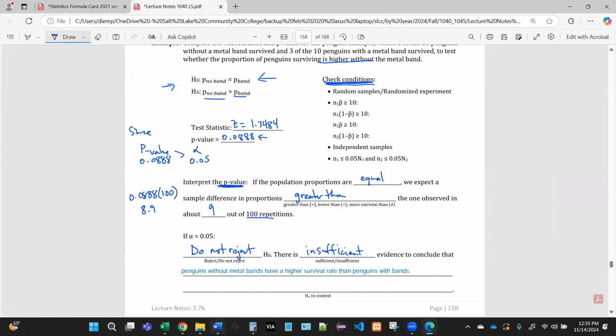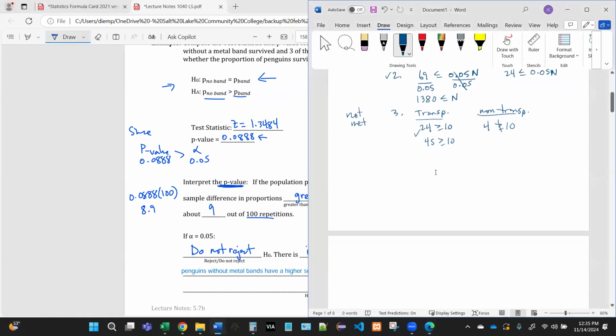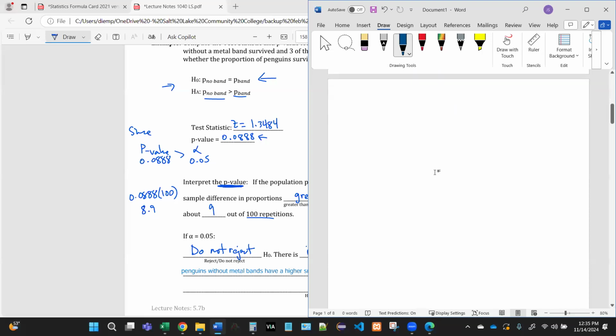I don't really have a lot of space on this page, so I'm going to do that over here. So this will be the penguins hypothesis test. Okay, so first of all, do we have a randomized experiment? Yes, it says it was a randomized experiment.